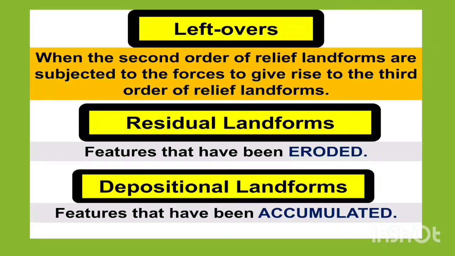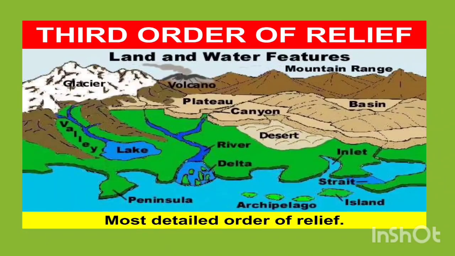Sometimes the second order relief, such as your mountains, plateaus and plains, have been eroded, and sometimes these eroded materials are deposited in some other places. So erosion, deposition and transportation are the main agents of the exogenetic forces. Okay, and the third order relief features are your glacier, valley, peninsula, archipelago. These are basically the third order relief features.